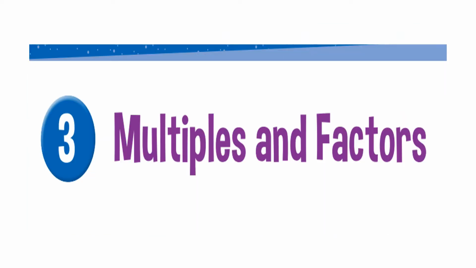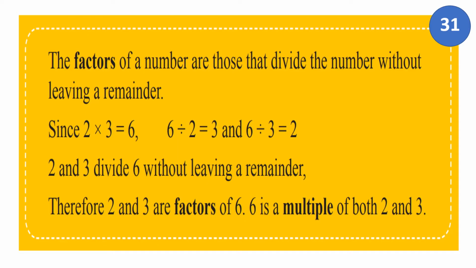Our next lesson, students, is about multiples and factors. This is Unit 3 in your book. The factors of a number are those that divide the number without leaving a remainder.